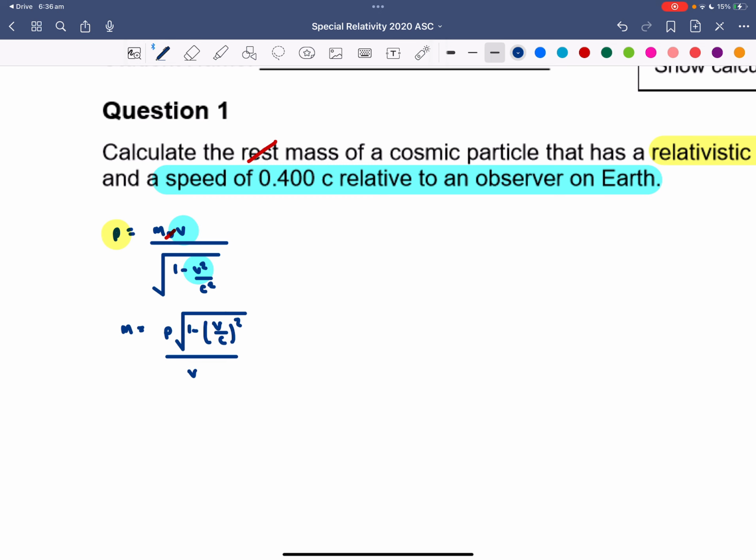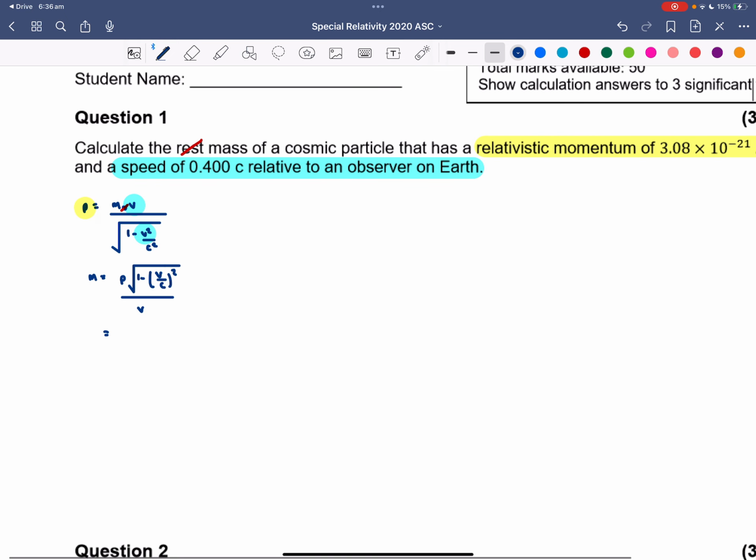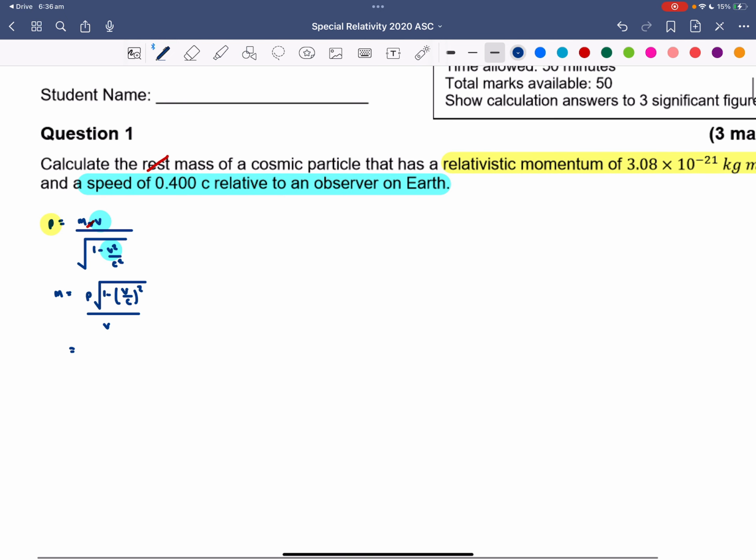Okay, so we just do some number plugging, sub in the momentum, so 3.08 times 10 to the negative 21 times root 1 take, the velocity is 0.4 c, so (0.4 c divided by c) squared, all over the velocity, and this time I'm not going to write 0.4 c, I'm actually going to write down 0.4 times 3 times 10 to the 8.